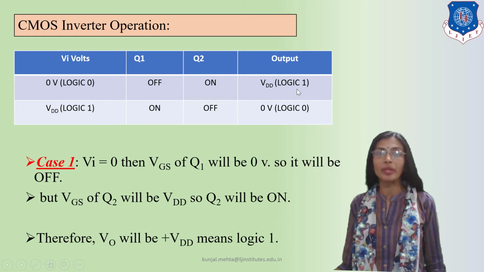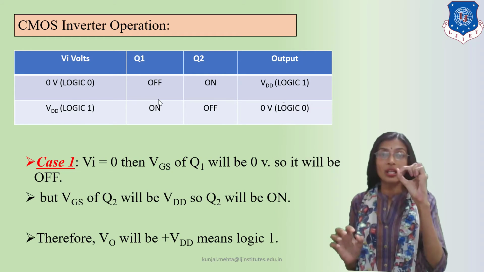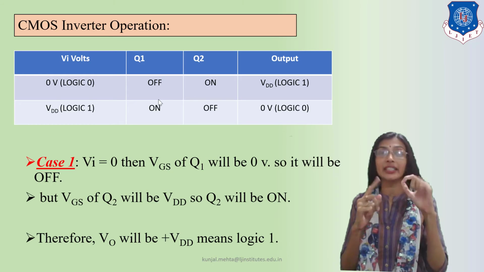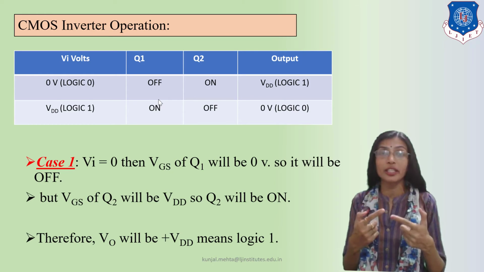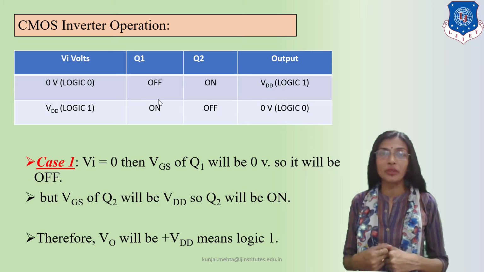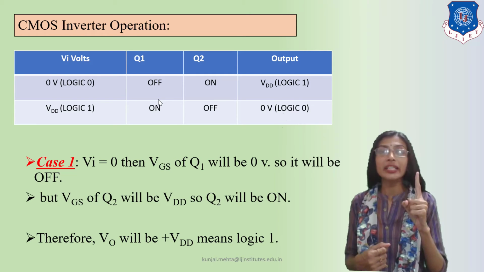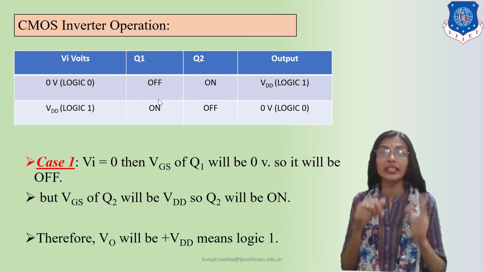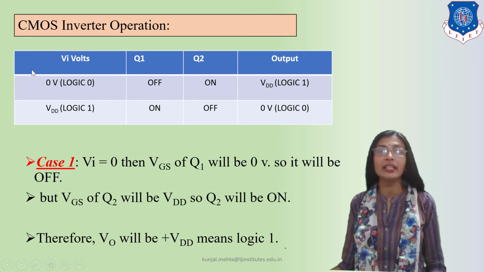Input is 0 but output is 1. If input is 0 and output is 1, it shows the inverter operation. Similarly, if input is 1 but output is 0, then again it concludes the inverter operation. That is case 2.